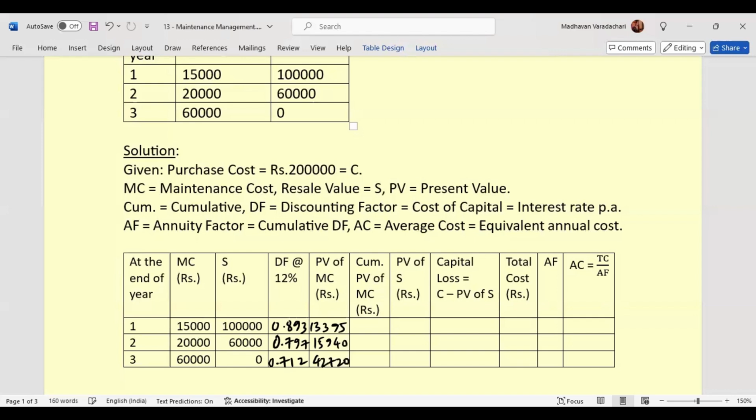Next is we will be finding out the cumulative present value of the maintenance cost. First one will be as it is, 13,395. Then 13,395 plus 15,940. We get 29,335. Then 29,335 plus 42,720. We get 72,055.